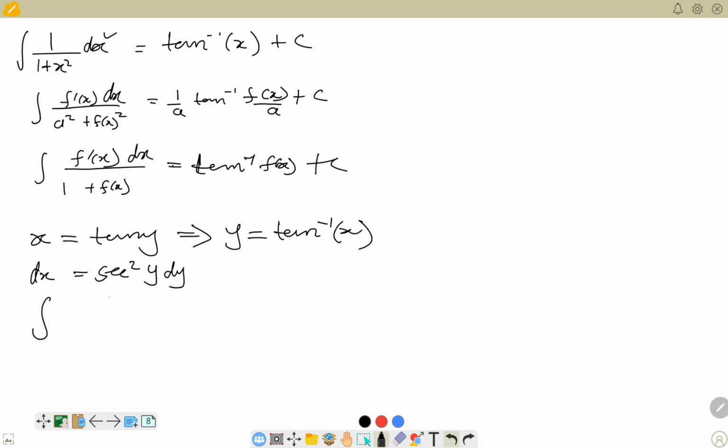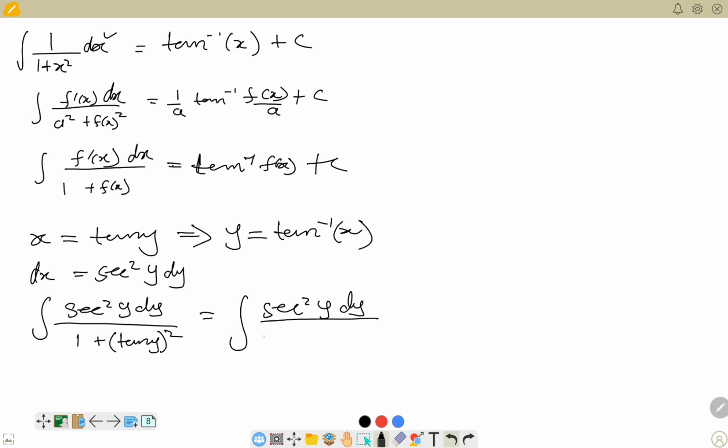From our original problem, we replace dx with sec square y dy over 1 plus, and since our x is tan y, it's tan y square. Then we have sec square y dy over 1 plus tan square y. 1 plus tan square y is sec square y.